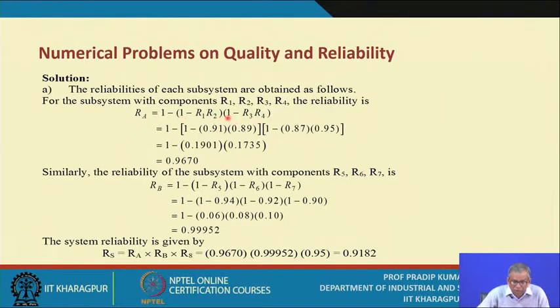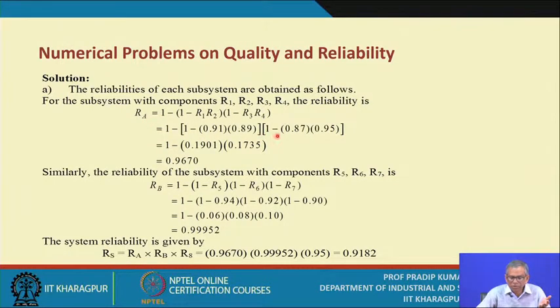By looking at this expression, you will come to know what the system structure is. That is one assignment I am giving you. Suppose this represents one configuration. By looking at these particular expressions for the reliability, can you draw the system structure?